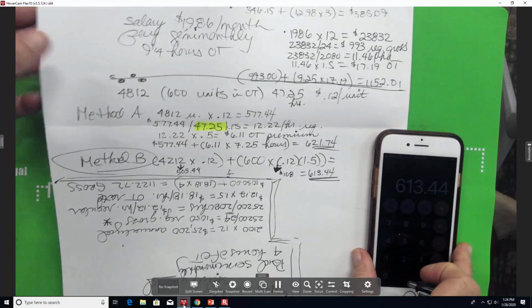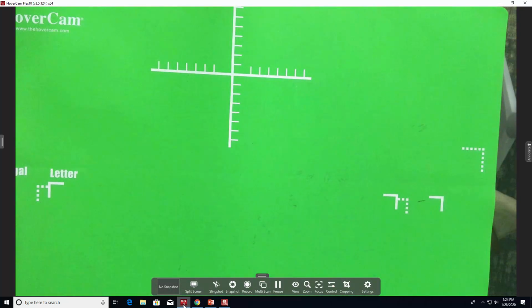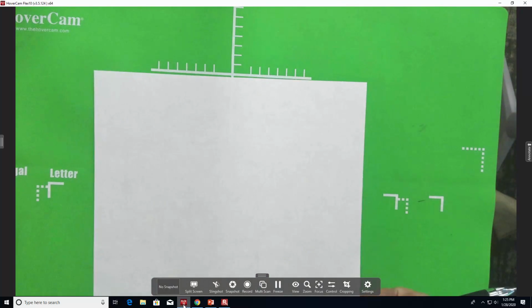Okay, let's try an example where maybe I can actually even break down and get another piece of paper. Where we have a work week that's less than 40 hours. So lots of times, particularly in big cities where traffic is abysmal, time is more of a premium than money in some instances.